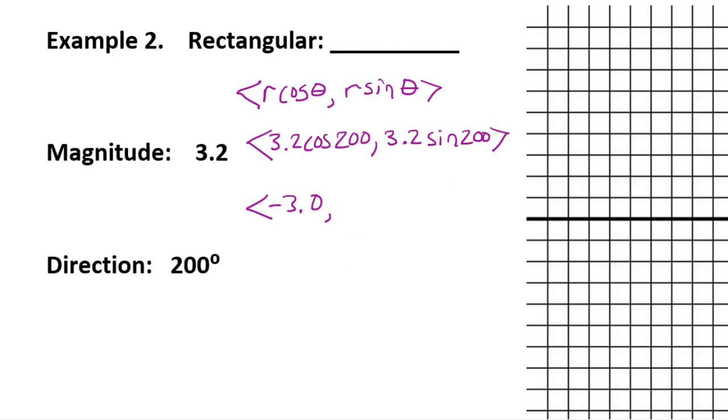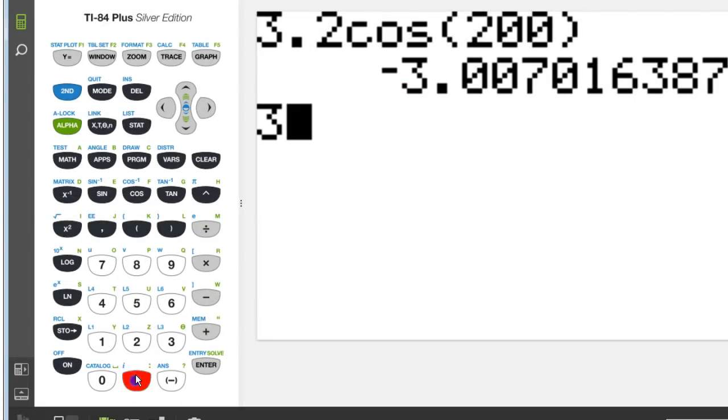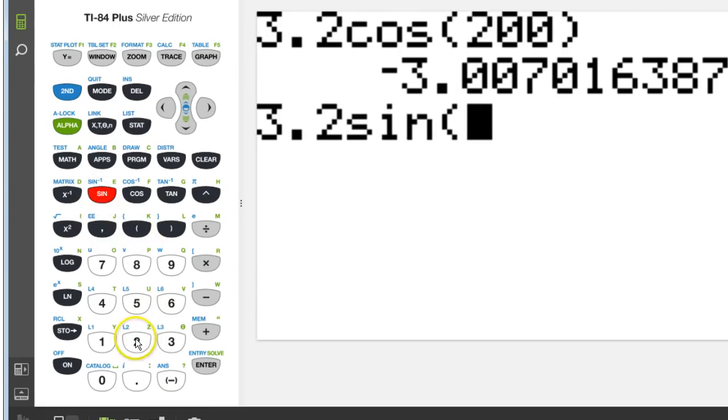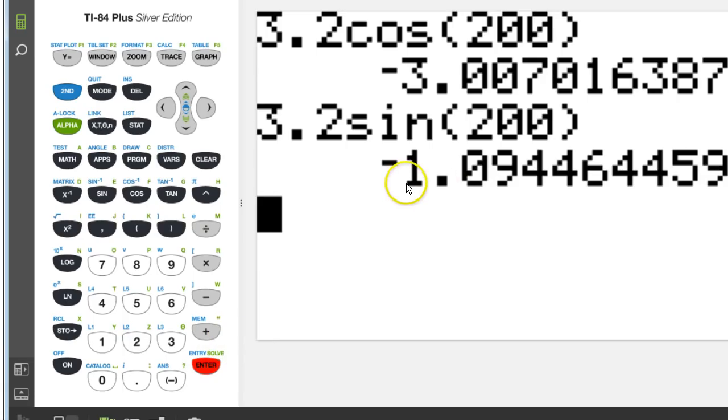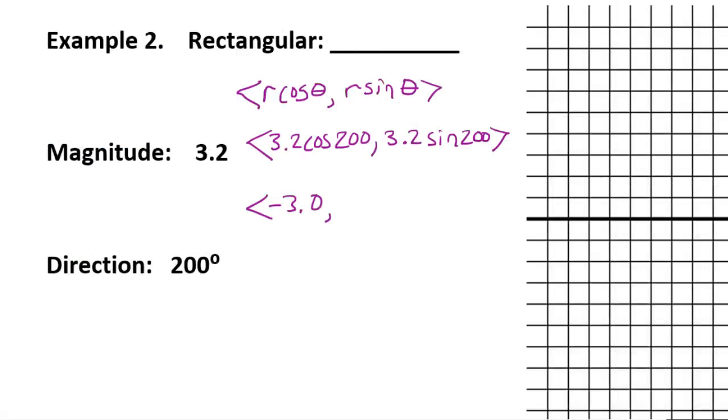Okay, and 3.2 sine 200. That is negative 1.1. Got to round up. Okay, so to the nearest tenth, component form would be negative 3.0, comma, negative 1.1.